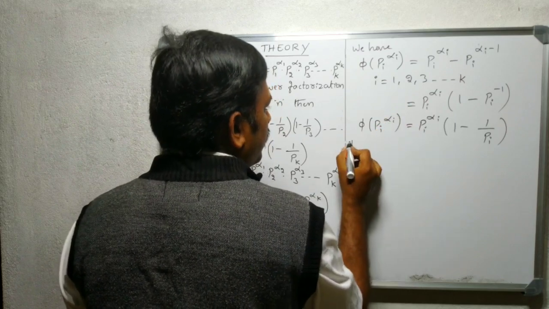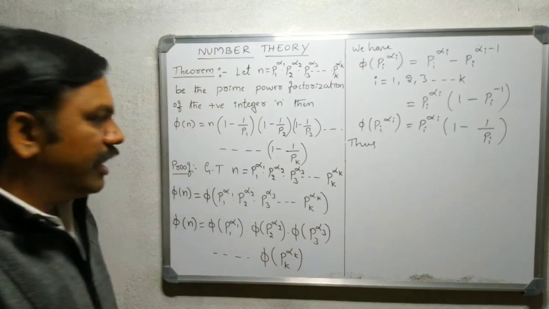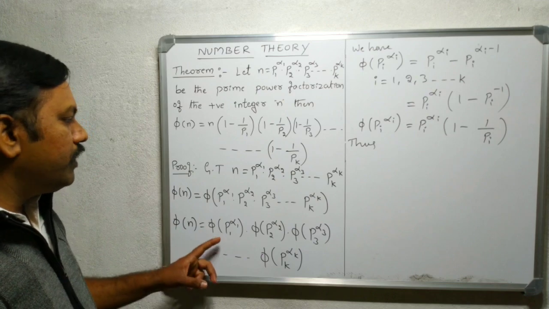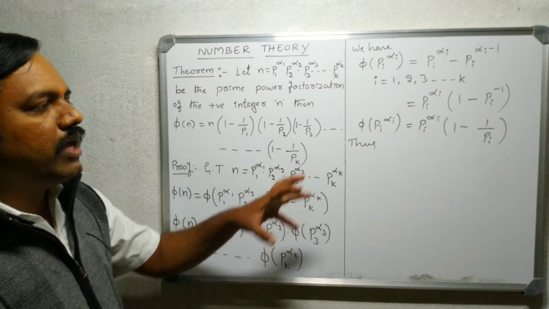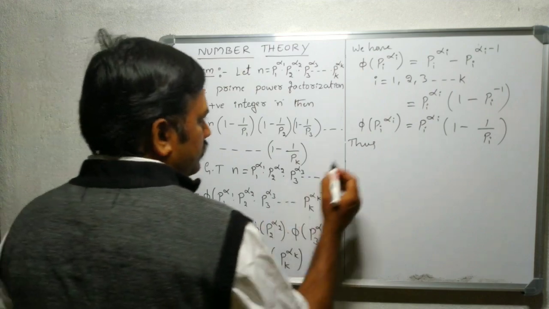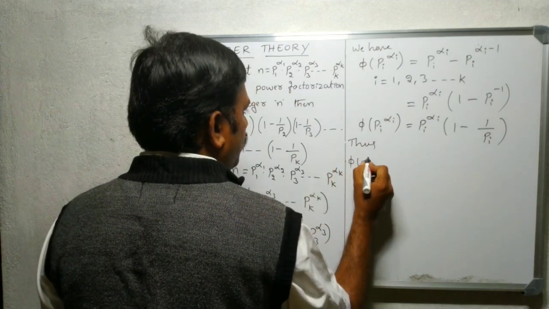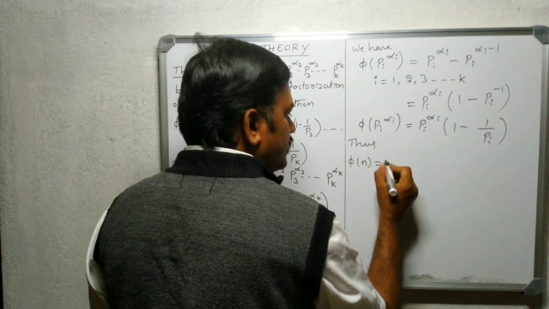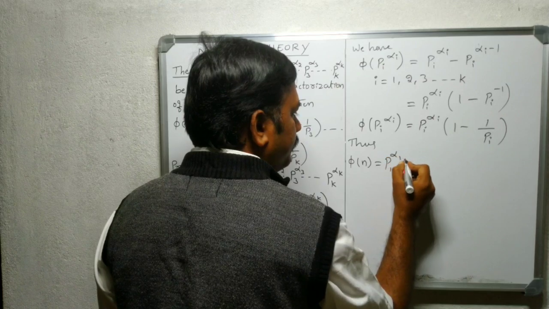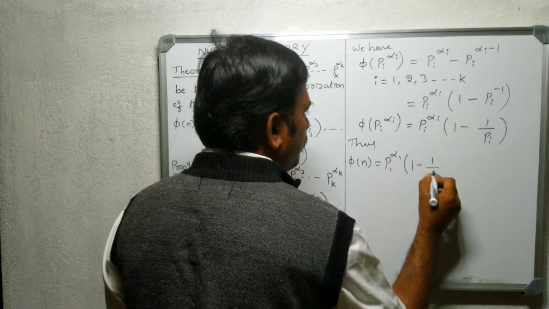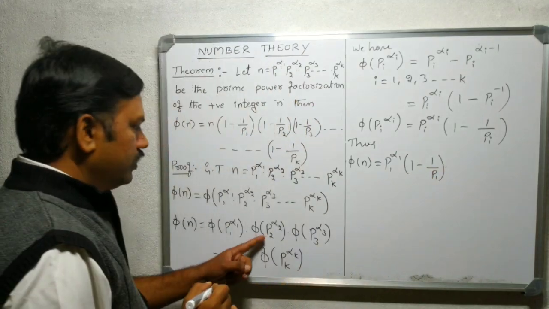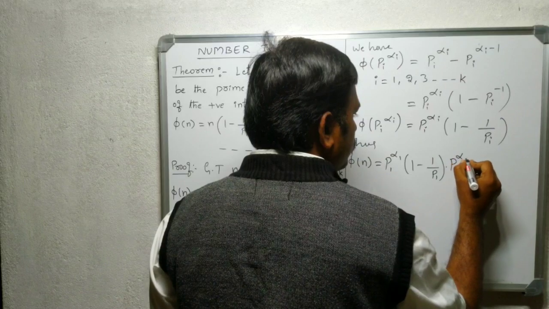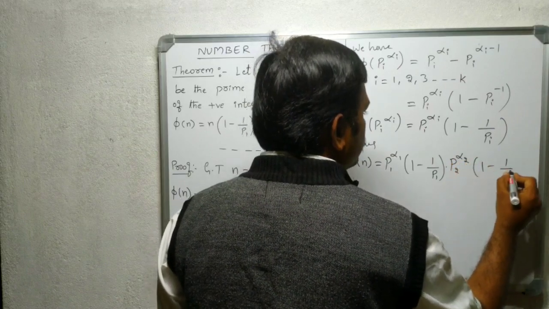So using this result, I replace this phi of p1 to the power of alpha 1 as p1 to the power of alpha 1 into 1 minus 1 divided by p1. Thus phi of n is equal to phi of p1 to the power of alpha 1 can be written as p1 to the power of alpha 1 into 1 minus 1 divided by p1, into this can be written as p2 to the power of alpha 2 into 1 minus 1 divided by p2.